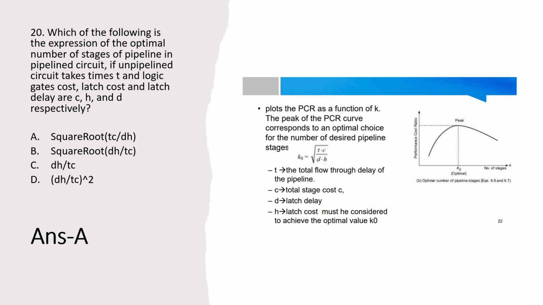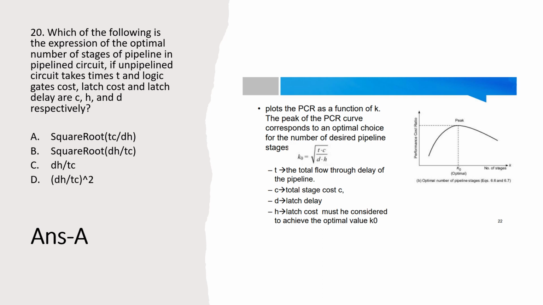So this k0 depends on these four parameters, and this expression gives the optimal choice for the number of desired pipeline stages. We cannot keep as many stages as we want, because that will not work in the end. Everything has a limit, so we cannot go beyond that to achieve system performance.